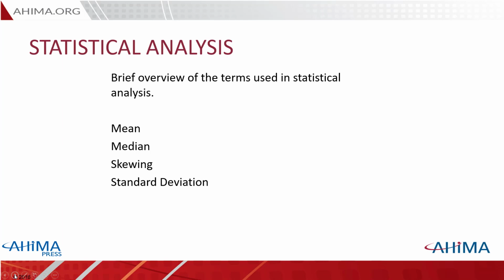Now, skewing is something that can take place, especially when we're looking at the median. Skewing occurs when we have a lot of really high or really low numbers, and they're going to distort the mean.